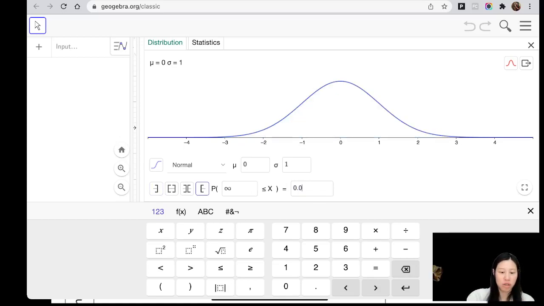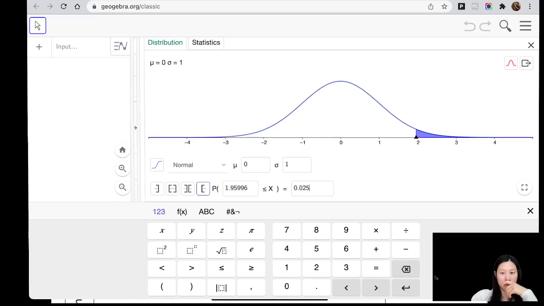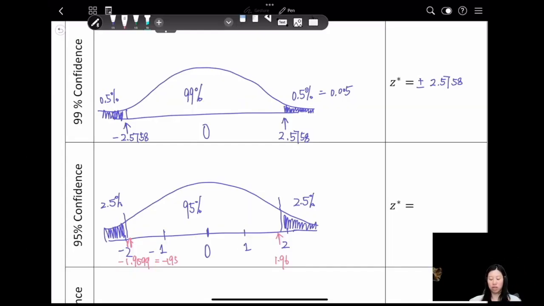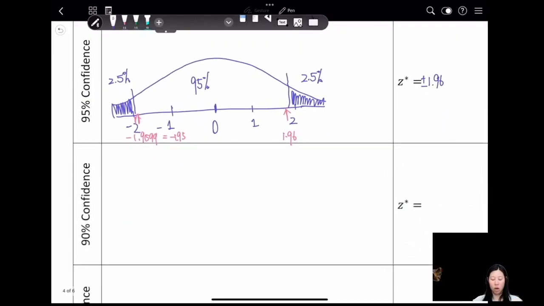Again, it's symmetric, so there should be the positive value of it, which is the cutoff value should be positive 1.96. So now the z-score here should be 1.96, positive and negative. Positive means the upper bound, negative means the lower bound. Okay, 90% confidence interval.